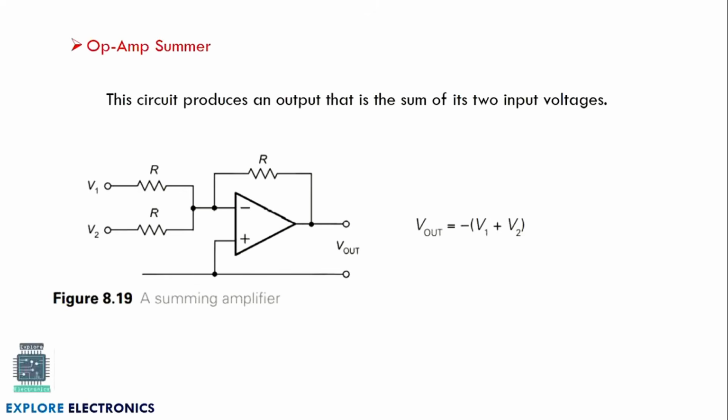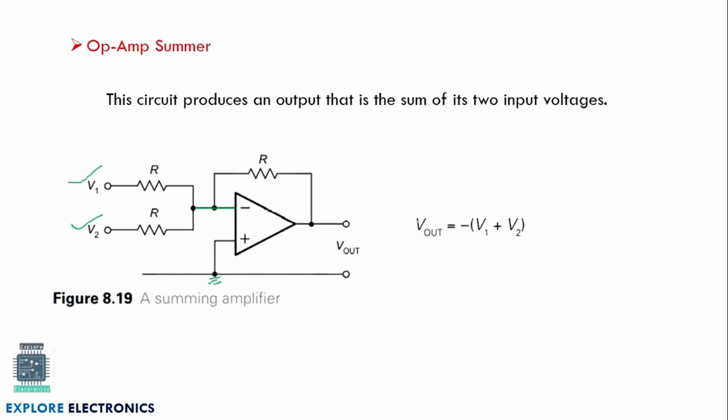And the op-amp summer will also be called a weighted summer, or we can generally call it an adder. We can use the op-amp circuit to add two voltages. Here we apply voltage V1 and voltage V2 to the inverting input terminal of the op-amp, and the non-inverting terminal is grounded, and this is a feedback resistance.